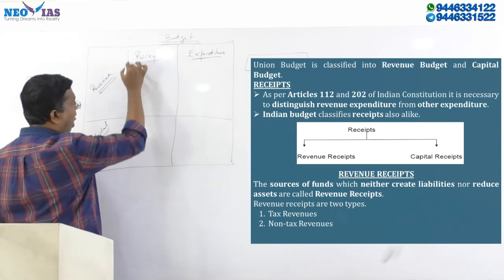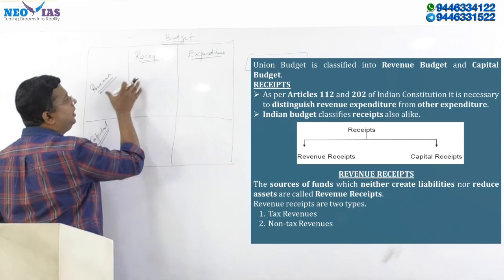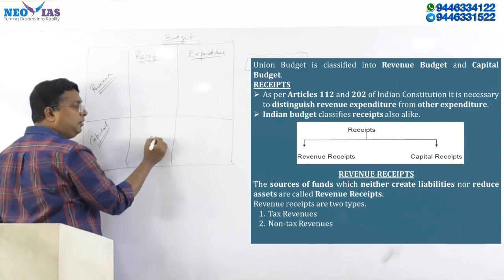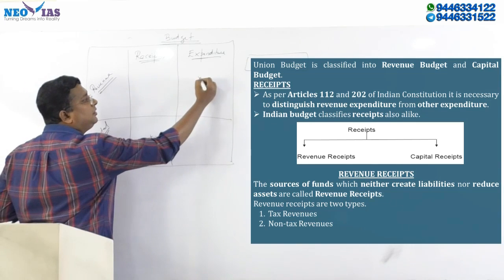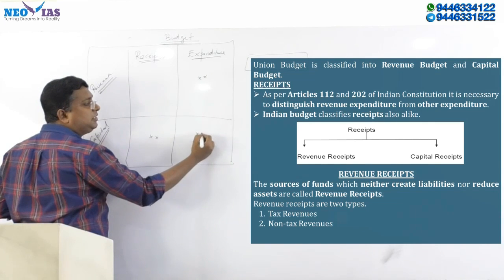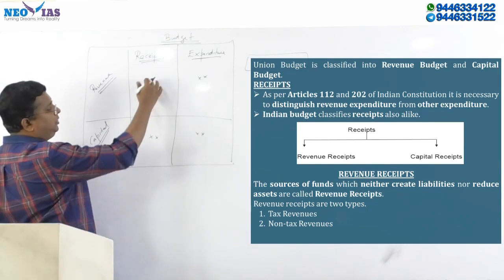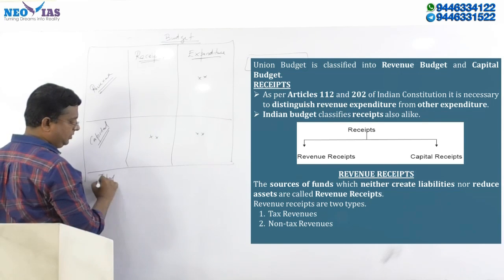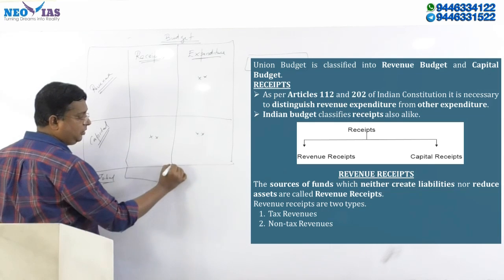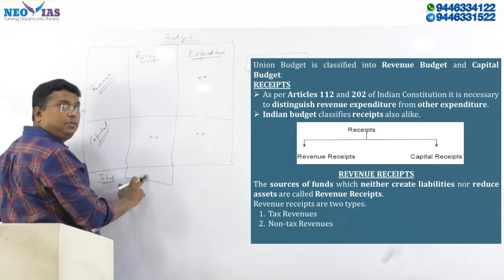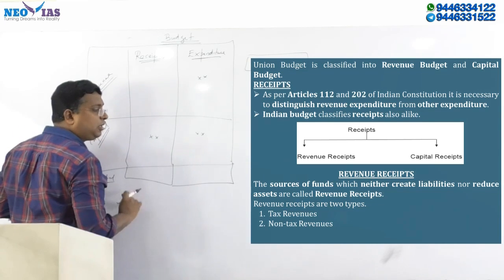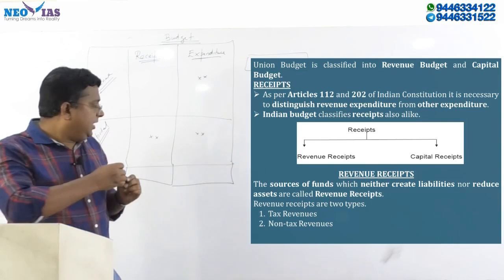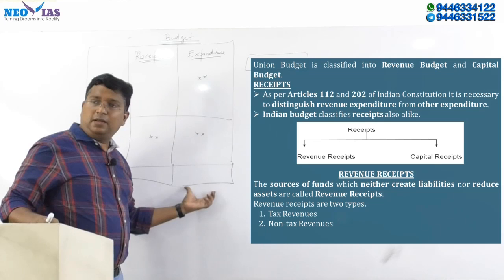This is for your understanding. This is revenue receipts, this one capital receipts, this is revenue expenditure, this one is capital expenditure. If you write total here, this one will be total receipts, this one total expenditure, and total receipts and total expenditure will be the same.